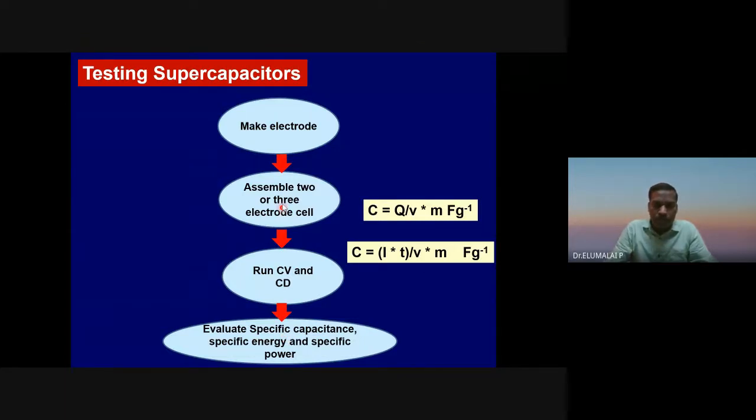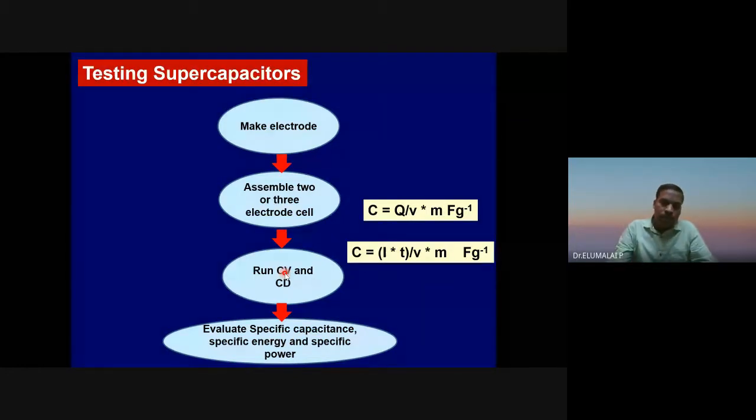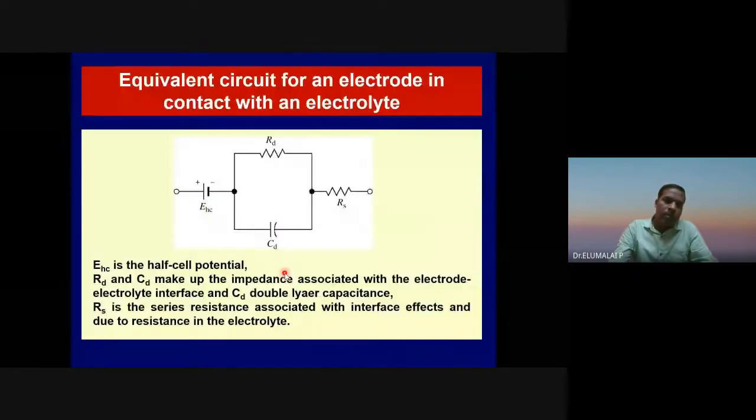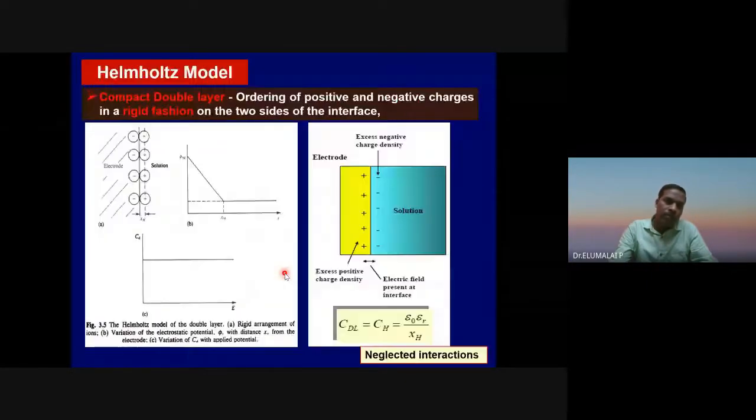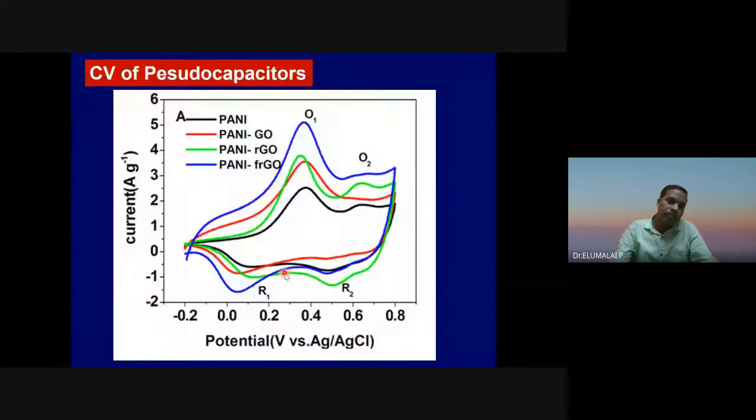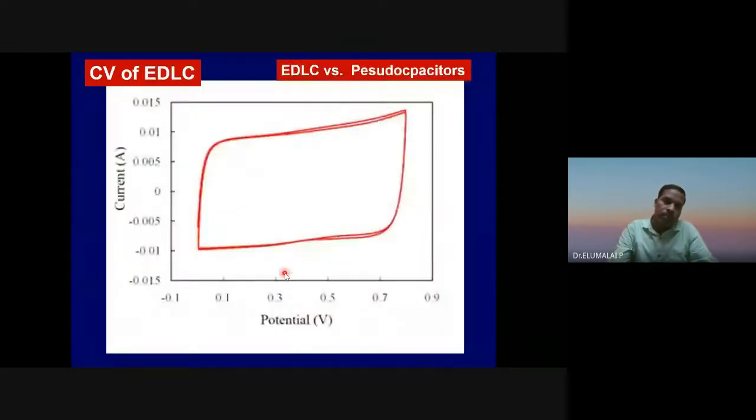I should complete here. So you have a 3-electrode, you run the cyclic voltammogram. Then you look at the cyclic voltammogram, how it is. If the cyclic voltammogram is like this, we see a rectangular cyclic voltammogram.